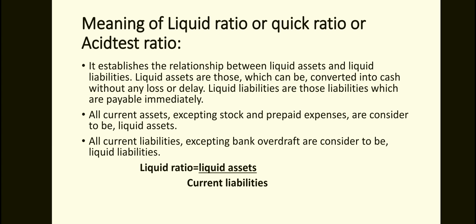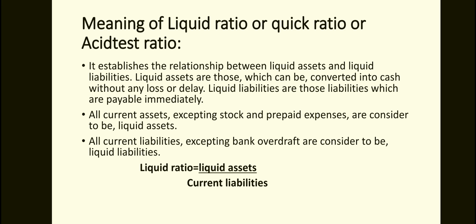Let us try to understand the meaning of liquid ratio or quick ratio or acid test ratio. It establishes the relationship between liquid assets and liquid liabilities. Liquid assets are those which can be converted into cash without any loss or delay. Liquid liabilities are those liabilities which are payable immediately.